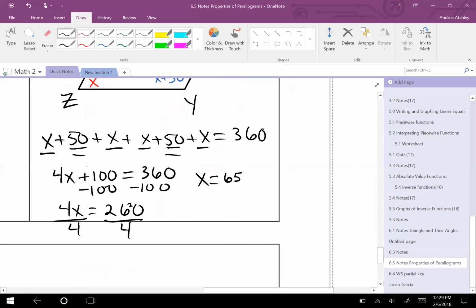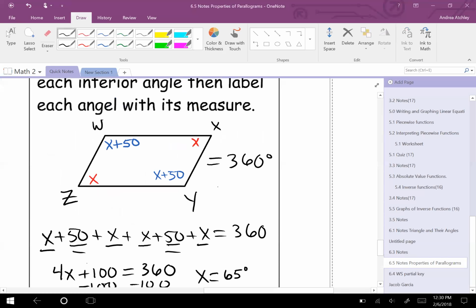Is that right? Okay, check my math, you guys. So X is 65 degrees. So the measure of angle X equals 65 degrees. That would also mean the measure of angle Z is equal to 65 degrees.